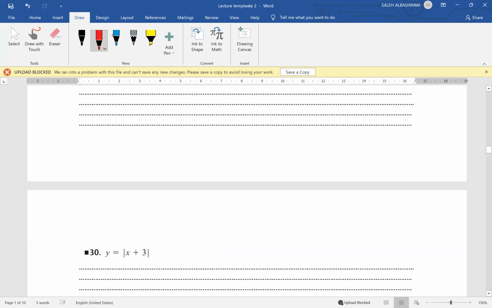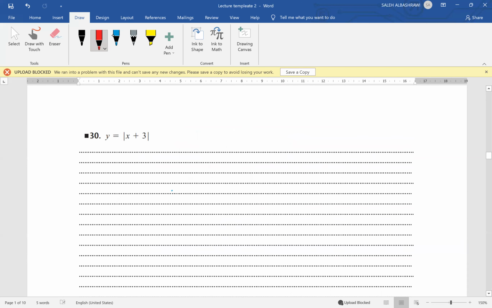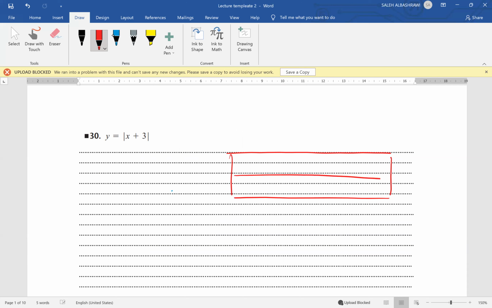One more example. For that, we have y equal to the absolute value of x plus 3. Again, choosing different values for x, and then find y. For this one, I take x plus 3 and make it equal to 0.